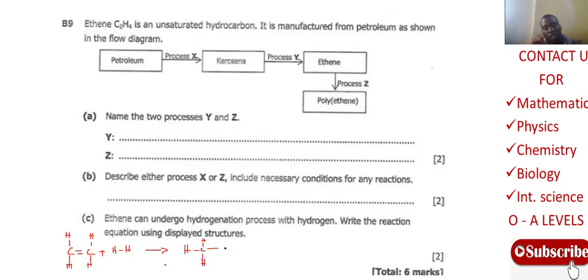Then this should connect to the C. We have the H here, and we also have the H there. Then from there, we can have another H. So this is the displayed structure. And here we can use a nickel catalyst.